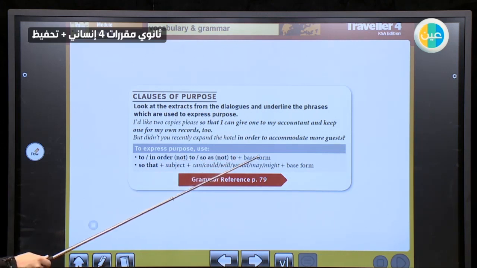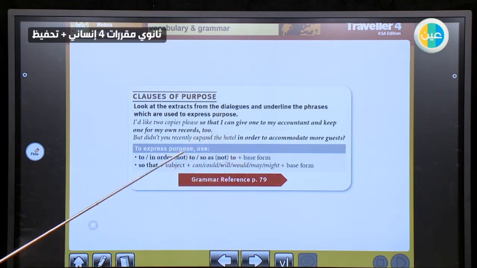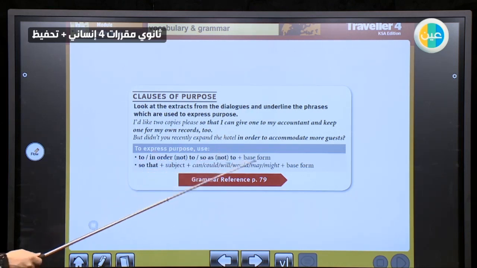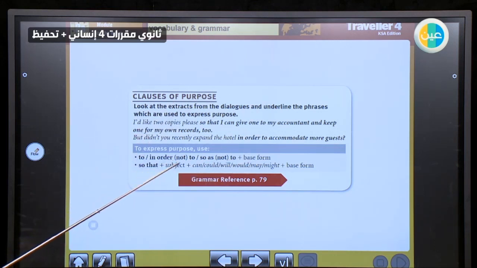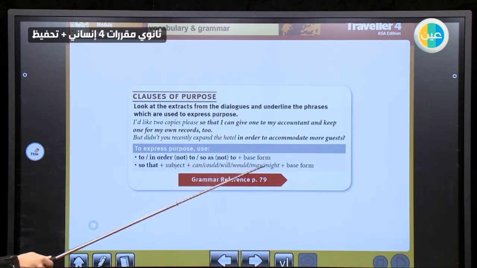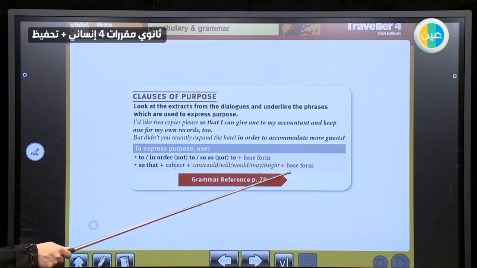This is for affirmative sentences. For negative sentences, we use in order not to, so as not to, plus base form. Also we can use so that, plus subject, plus the modals can, could, will, would, may, might, plus the base form.